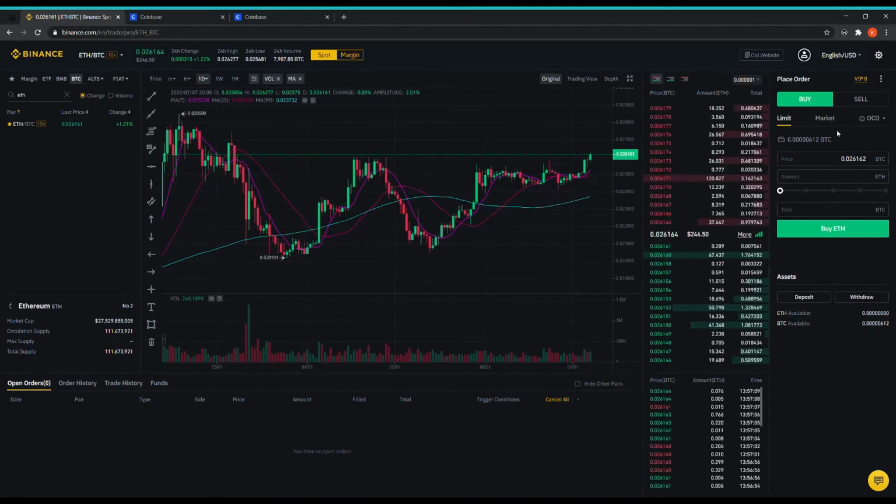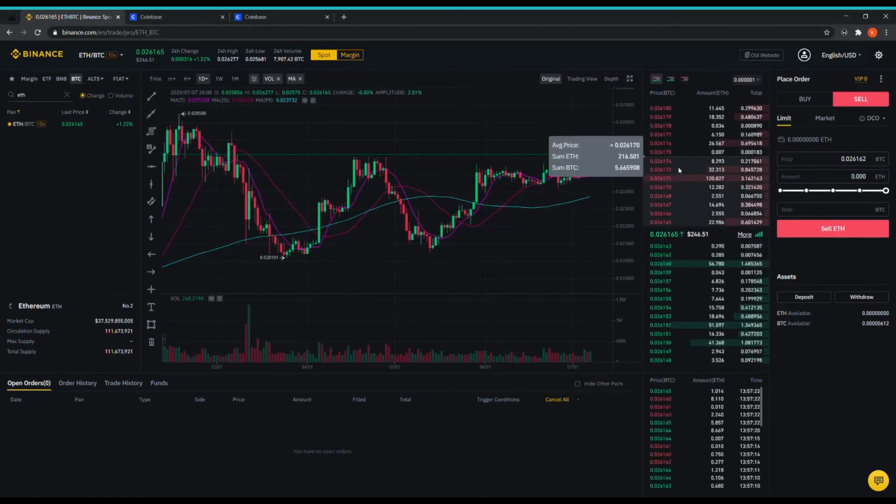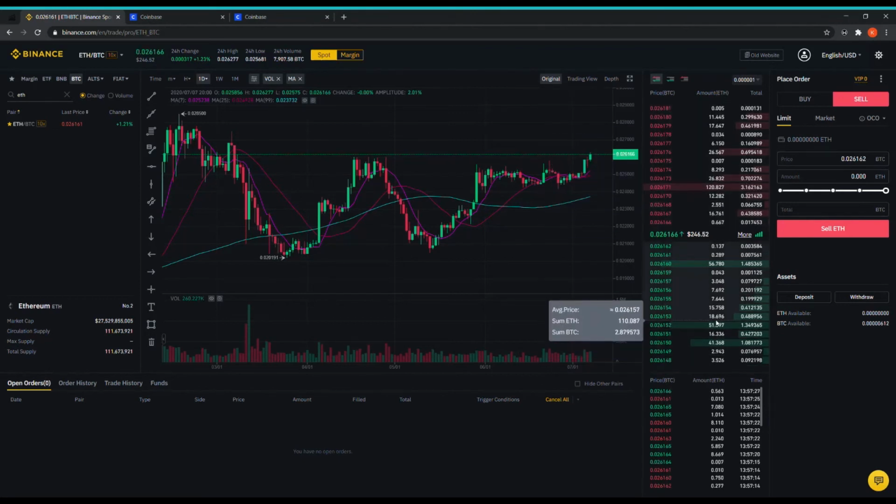If you put a limit order in and you want to sell Ethereum, if you did 100% here, it's going to set that asking price into this order book that's right here. So your order may or may not fill, and if it does, it might take a little bit to fill.